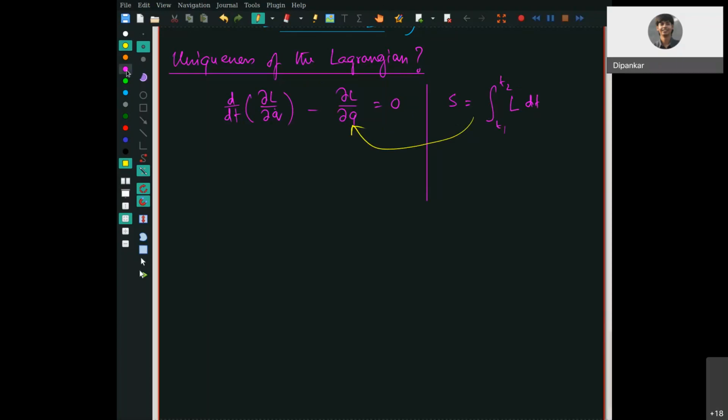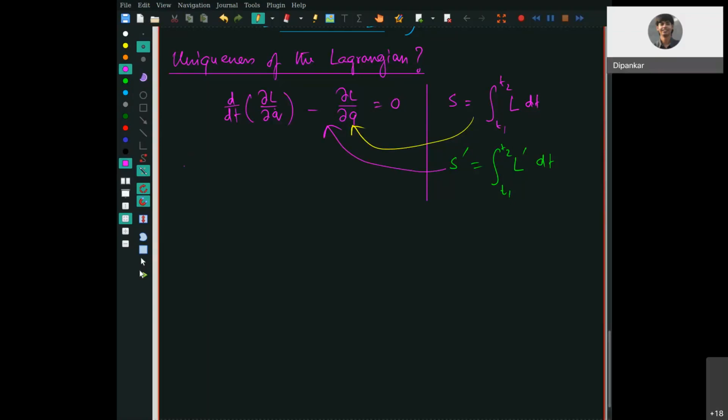Now, I am asking, if I define S prime, another S, with another function, say L prime dt, from T1 to T2, can I get the same equation of motion? In other words, is the definition of L unique, or is there some degree of arbitrariness to that? The answer is there is, and you can prove it directly, which I will give you for homework.